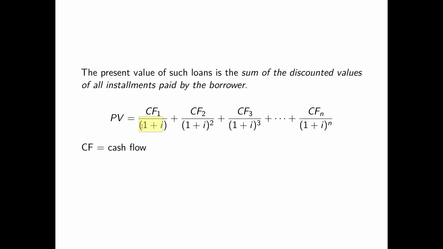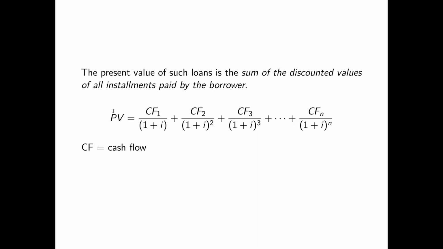Well, you have to discount it. This is the second installment that is paid in the second year. You have to discount it, and then discount the third installment all the way to the nth installment. And all these discounted cash flows need to be summed up in order to know the present value of what you're actually paying. Okay, this is how to do it.